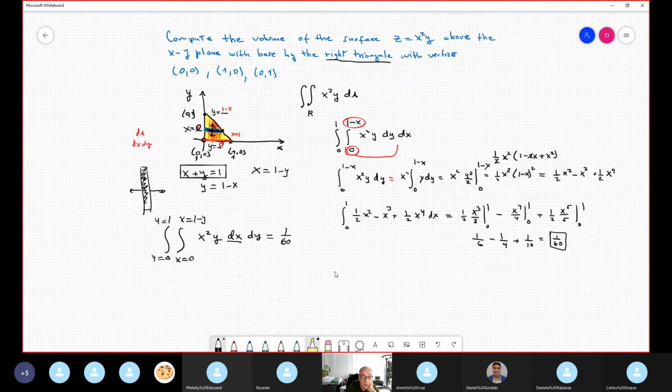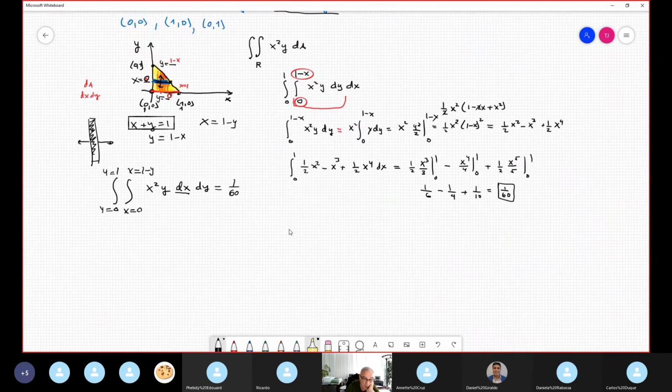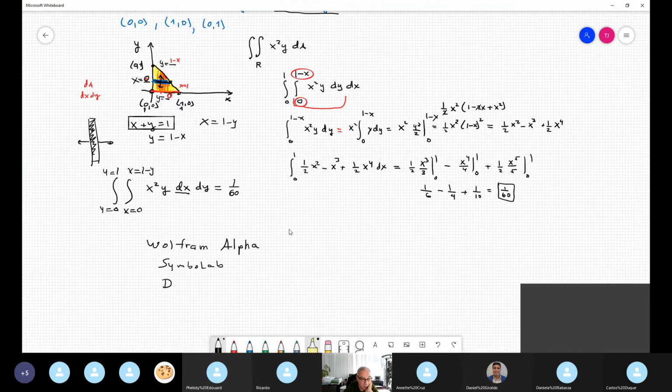The problems that we are doing so far are very complicated and long. We can use Wolfram Alpha to perform the iterated integral, or we can use Symbolab, or you can use Desmos.